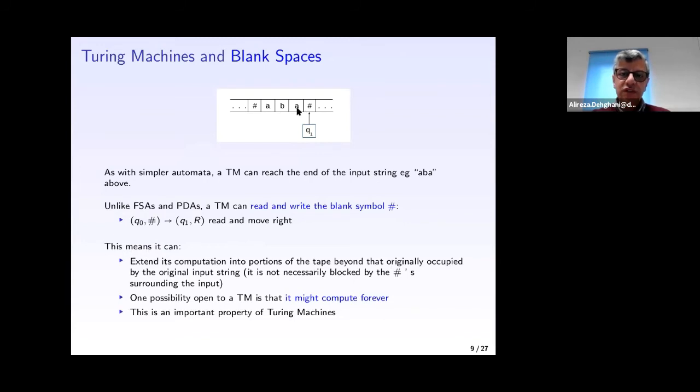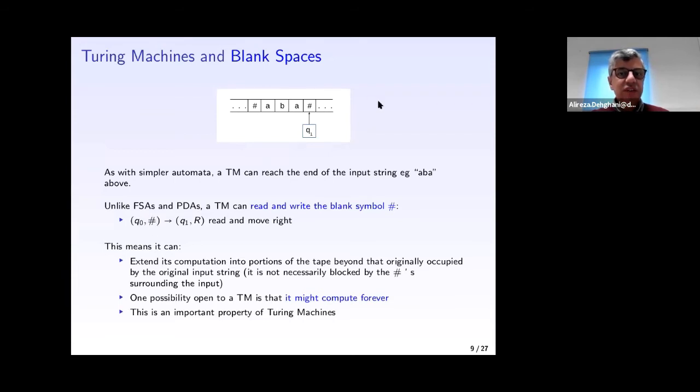So that's our string. We'll start from the first symbol with the state Q0, and then we do a couple of computations, and then we may get to a specific location which is only blank. That's interesting. So one possibility open to the Turing machine is that it might compute forever, since the length of the tape is infinite, and that means we can move toward the right and left, and also we can write and read the blank.